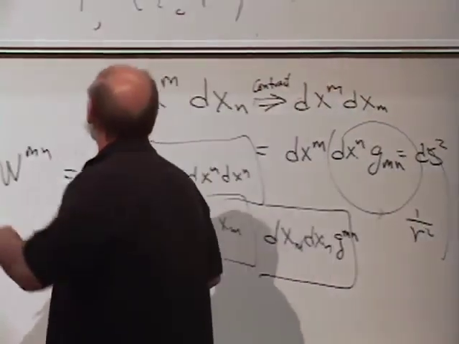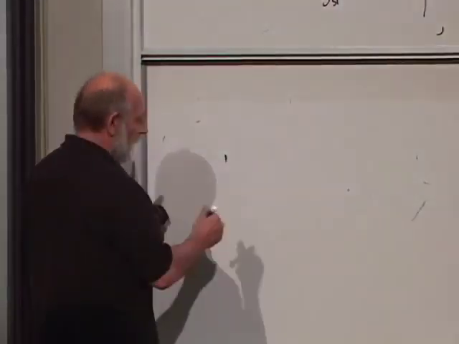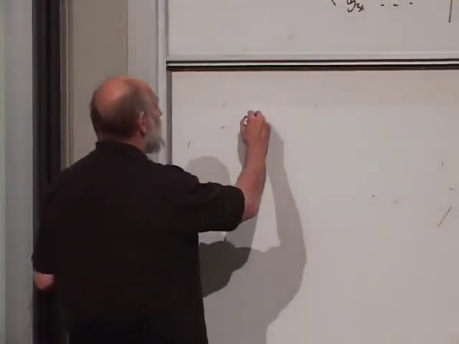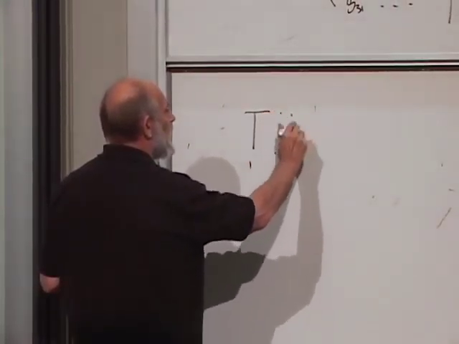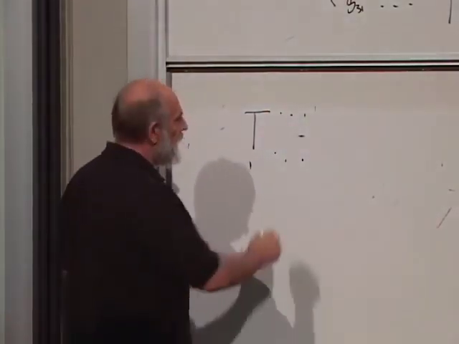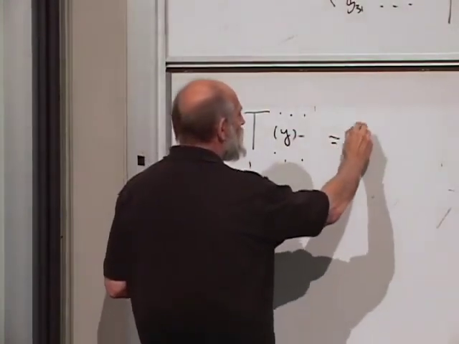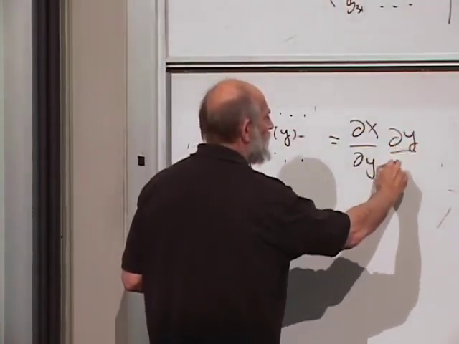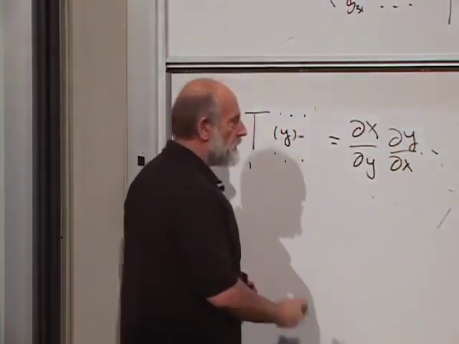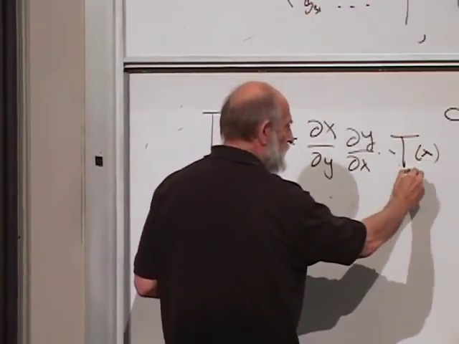Well, if we have a tensor with any number of indices upstairs and downstairs in the y coordinates, it is equal to a bunch of dx's times dy's and dy's times dx's of various kinds times the corresponding tensor in the x coordinates.